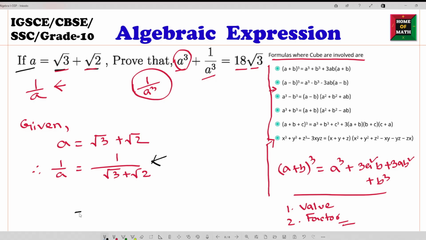Therefore in numerator and denominator we will use a number which can help us avoid the root sign in the denominator. Therefore, here is root 3 plus root 2, we can use root 3 minus root 2, okay?